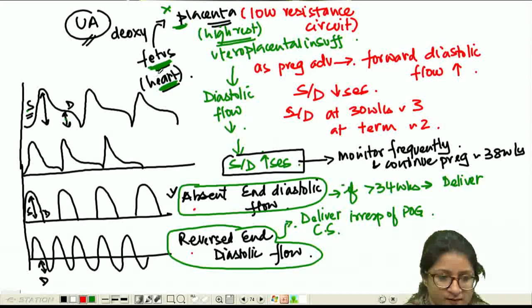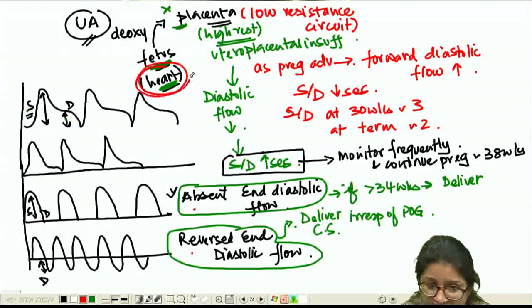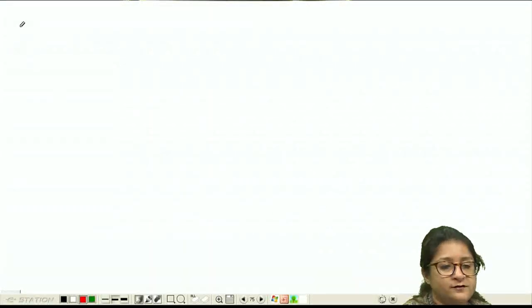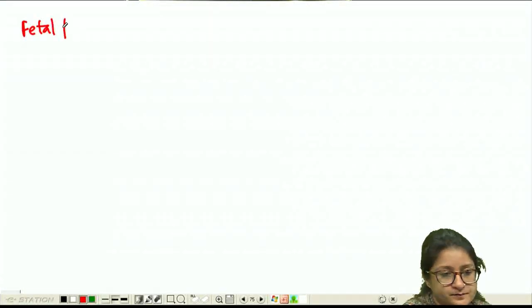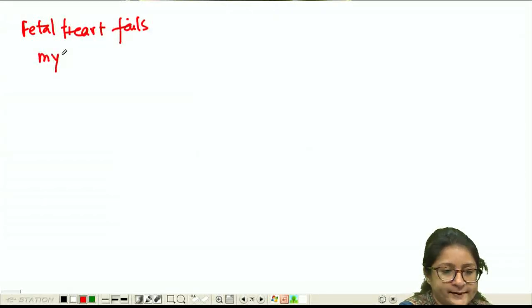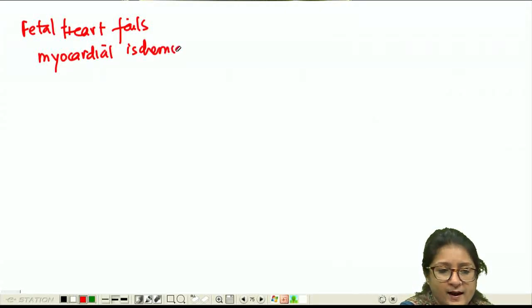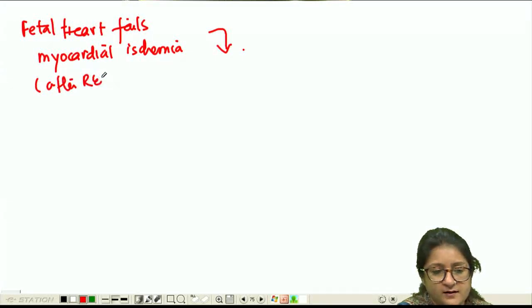What happens when the fetal heart fails, or there is fetal myocardial ischemia? This will happen usually after reverse end diastolic flow or absent end diastolic flow.